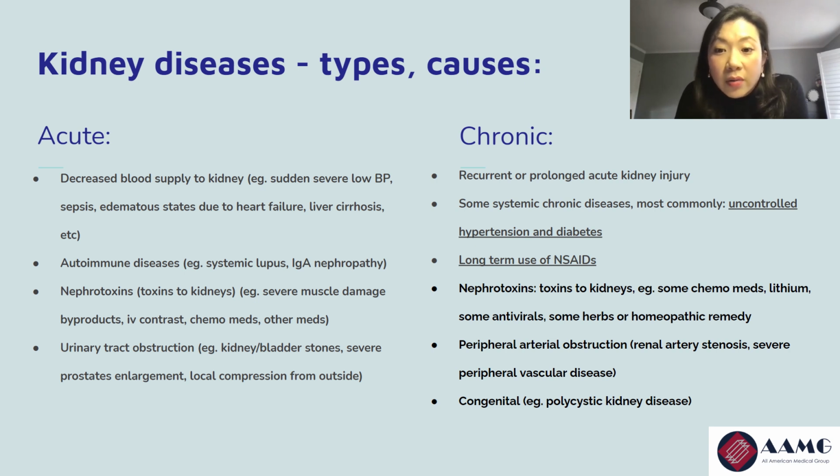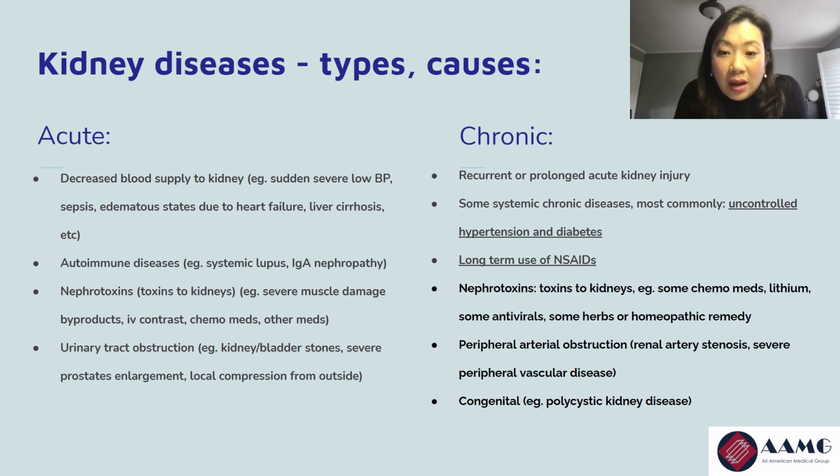These 2 conditions, in fact, are the most common cause for chronic kidney disease and kidney failure. Also, long-term use of NSAID medications, a large group of pain medications, can cause chronic kidney injuries. Toxins again, such as chemo drugs, some psychiatric drugs, antiviral medications, herbal medicines, and some homeopathic medications.